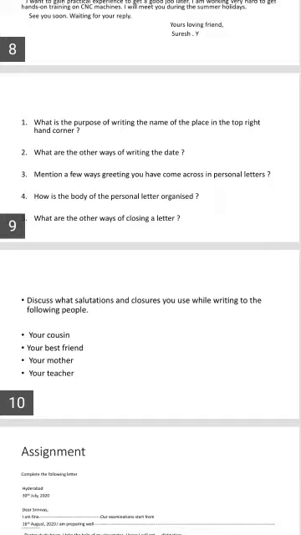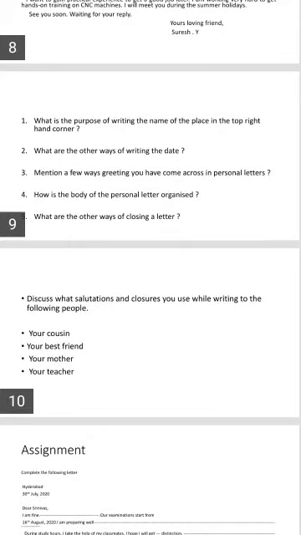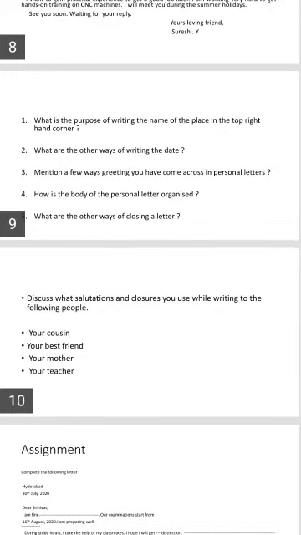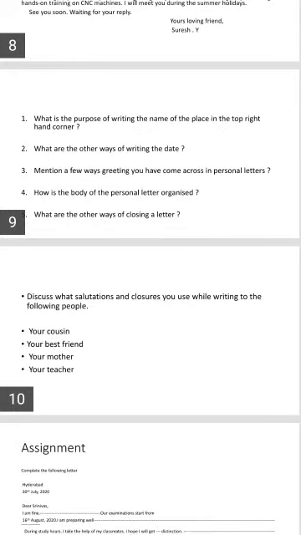like this. How is the body of the personal letter organized? The body of the personal letter is organized in such a way that you have to be very simple in your explanation and content and not be repetitive. Then what are the other ways of closing a letter?